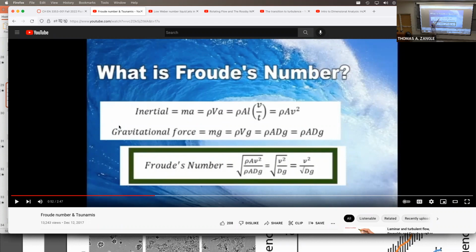And then if we do that, we just take, in this case, MA over MG, and we'll end up with the Froude number. So we can get at it a couple of different ways, right? Get it from dimensional analysis. We could set up a problem where we have some number of variables, and we do the pi theorem thing. We can come up with the Froude number that way as well. But this is just another way of thinking about these dimensionless numbers.